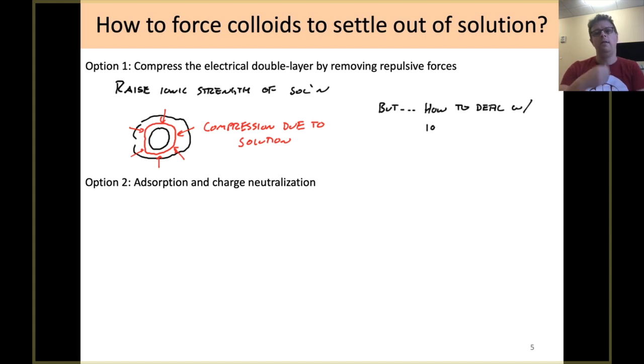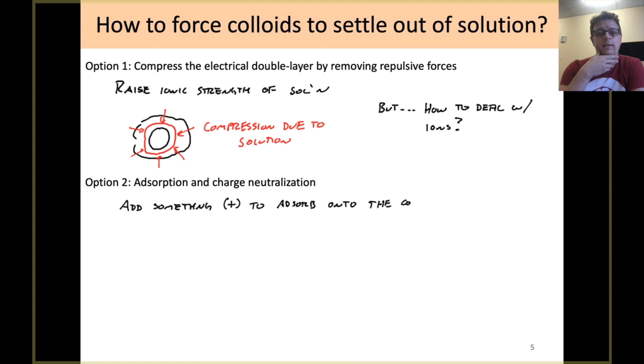However, if you do that, you have to add a whole lot of material to the solution, and you're still left with a fairly salty solution. Even though you've gotten rid of the colloids, you might now have a lot of free ions floating around that you need to deal with. You can imagine dissolving a whole bunch of cations and anions in there. So this is not a strategy that we use, although it is possible.